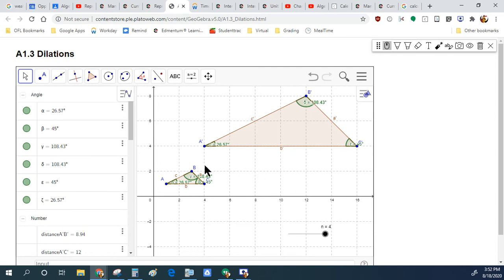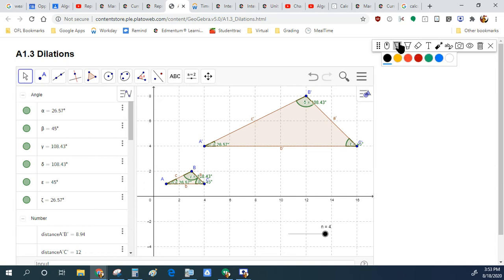Do they though? I don't have them in any order, guys. I'm sorry. But the important thing is I'm going to use different colors to show it. I should have done these all in order so you guys could see it. I should have gone angle A, angle B, angle C, and then angle A prime, angle B prime, angle C prime. But the main idea here is, look, our angles stay the same.